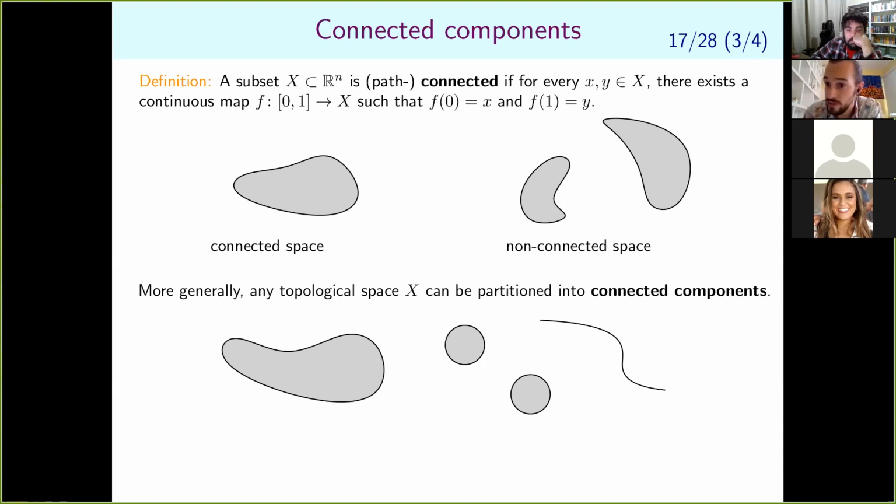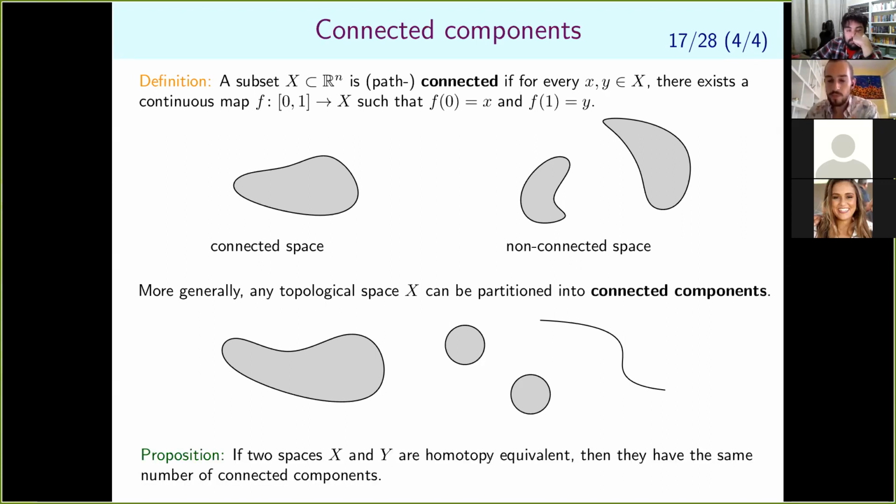And what is nice with this notion is the following proposition. If I have 2 spaces X and Y that are homotopy equivalent, then they have the same number of connected components. In other words, the number of connected components is an invariant of homotopy class.